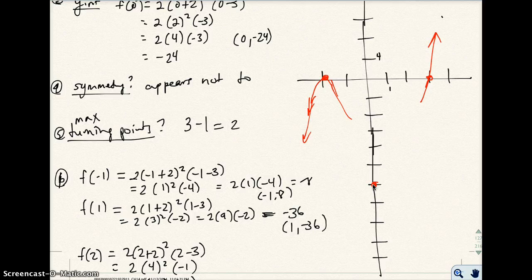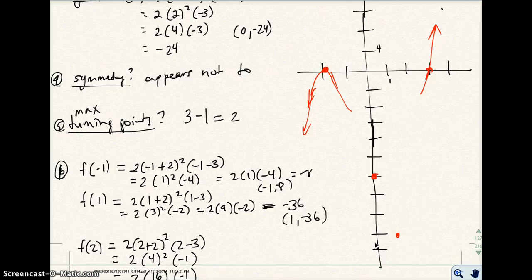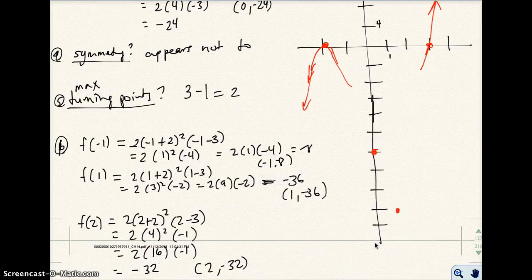And then I also have the point (1, -36). That's going to be 4, 8, 12, 16, 20, 24, 28, 32, and 36. And I have (2, -32). The (2, -32) will be right here.